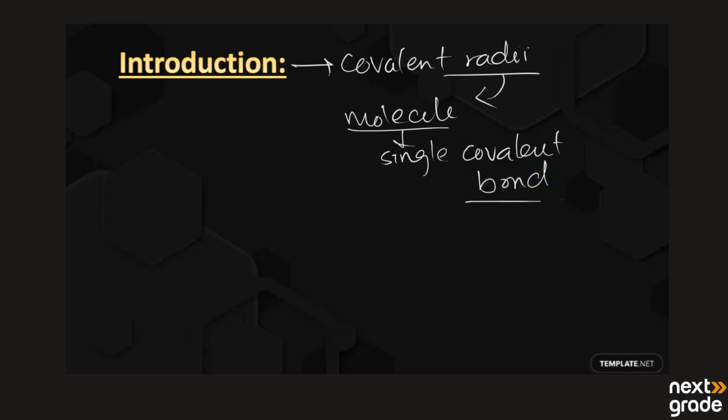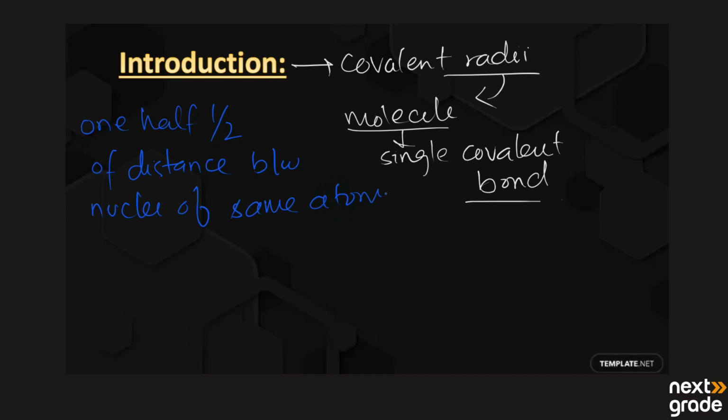So by definition, the covalent radius is one half of the distance between the nuclei of the same atoms of the same molecule that have a single covalent bond in them.